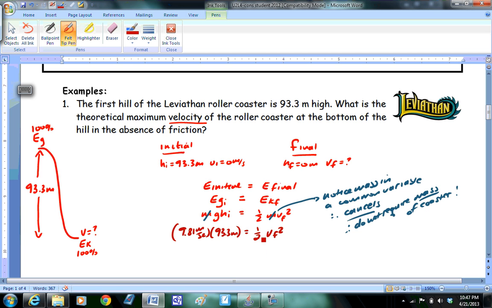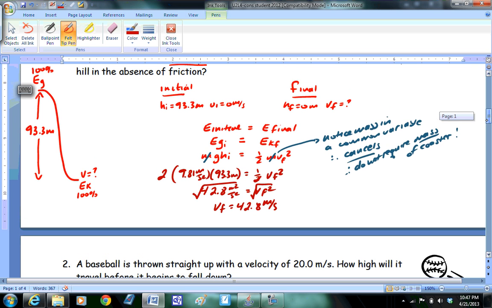I'm going to multiply both sides by 2, and we end up with 1830 meters squared per second squared, and we'll square root both sides, and we get 42.8 meters per second. And it looks like it's 3 significant digits, so we can jot this down.